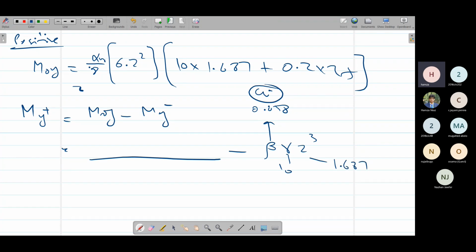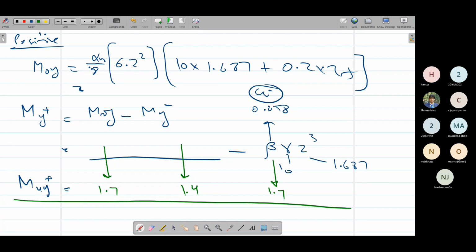So calculate this value and get My positive. For Muy positive, factored, multiply this water one with a 1.7 factor, the concrete one is a 1.4 factor, and this water one again with a 1.7 factor.